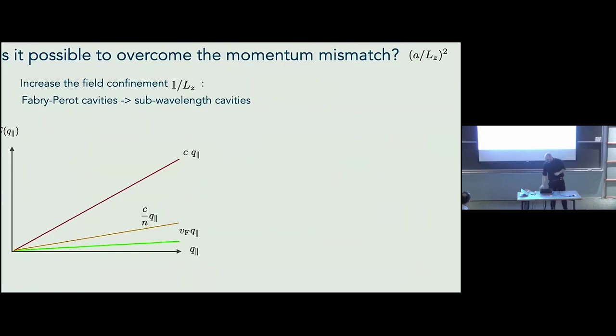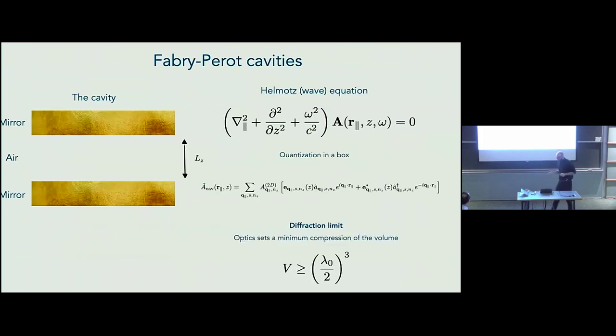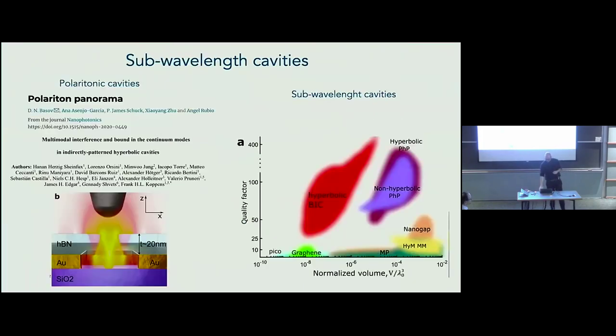So this is really the underlying idea of going to sub-wavelength cavities. The problem is that as long as you stick with Fabry-Perot cavities, so mirrors with air between two mirrors, you can do all the calculation, but as long as you stick to this kind of geometry, all your modes will fulfill the diffraction limit, and for fixed frequency you cannot go below this limit.